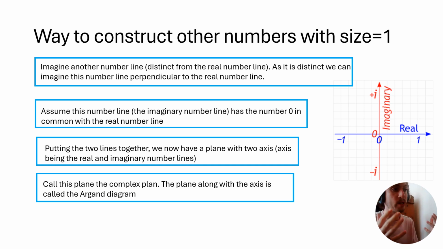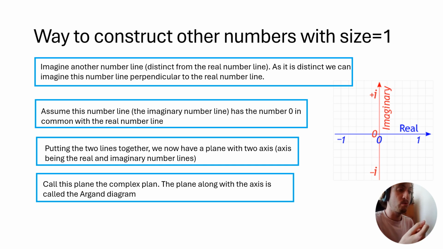It's just worth mentioning for those of you who might go on to use it, be it in engineering, physics, mathematics, you name it. And the beautiful thing is, looking at this diagram, we can immediately see that we have at least 4 numbers which are 1 unit away from 0.